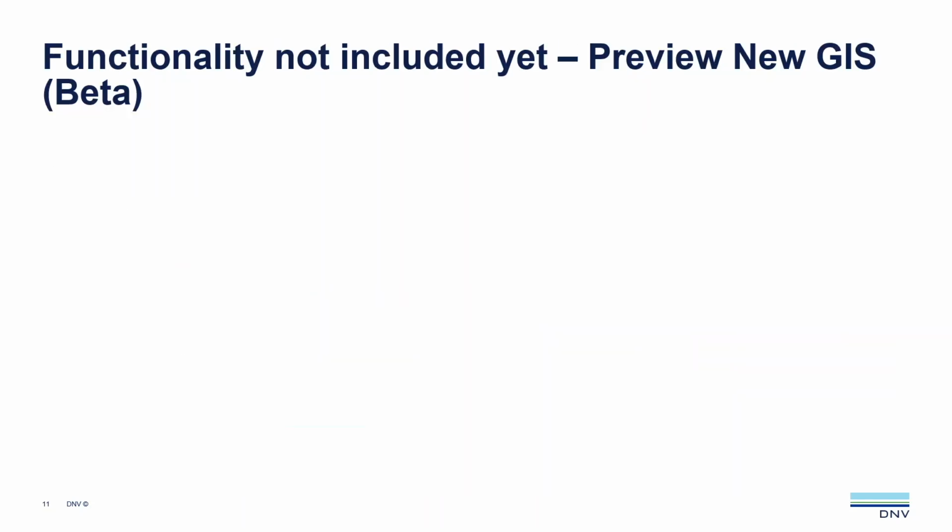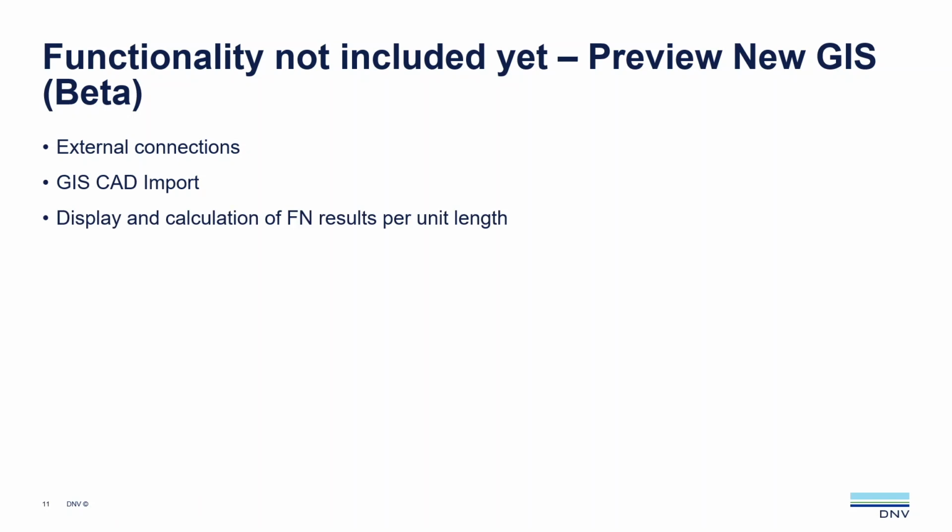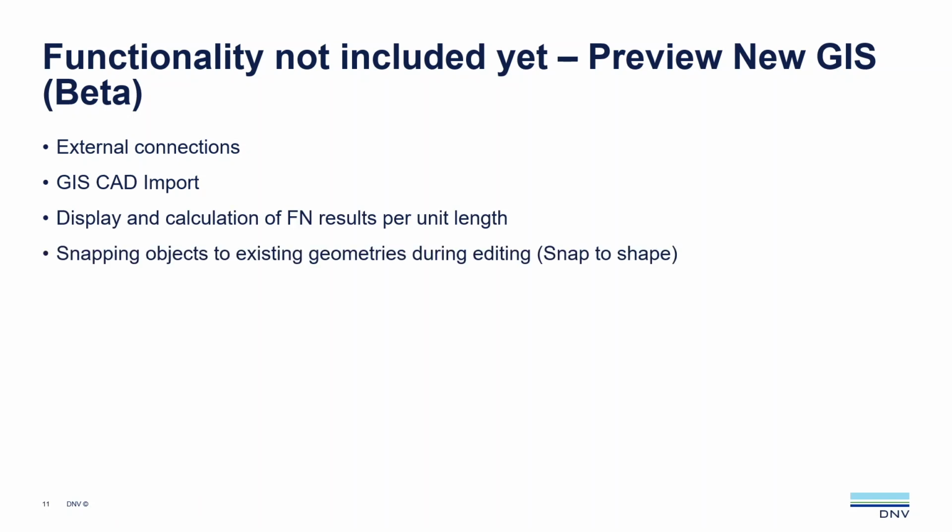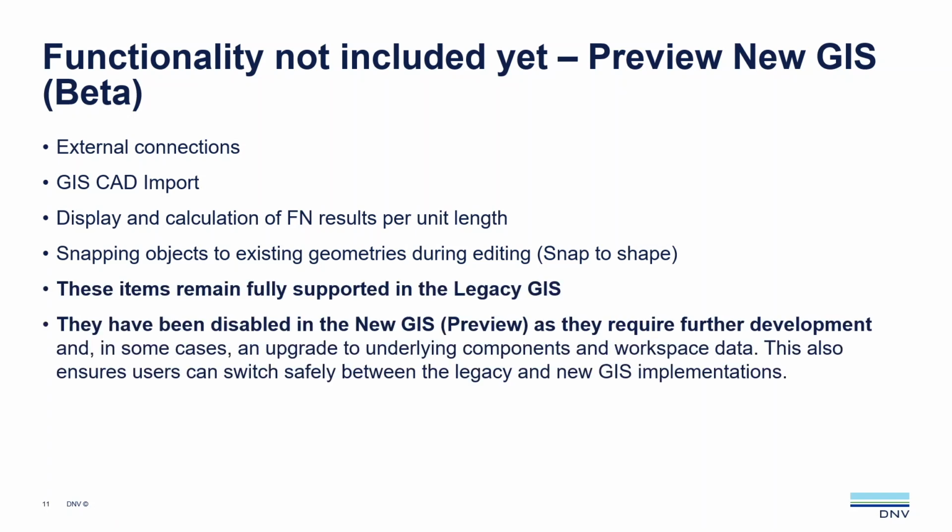There is some functionality which has not been included yet. This includes the external connections, the GIS CAD import, display and calculation of FN results per unit length, or snapping objects to existing geometries during editing, what we call snap to shape. All of those items remain fully supported in the legacy GIS.